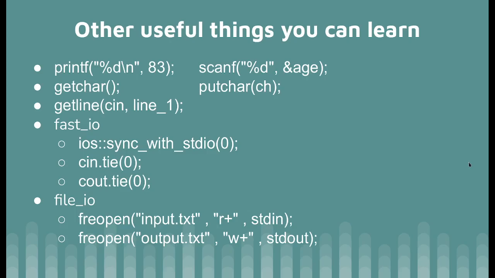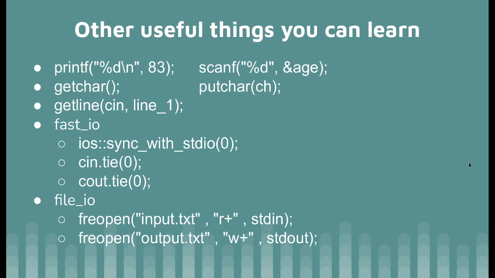And if you want to work with files in a C++ program, you can use file input output, file IO, which is here. You can use input.txt with freopen and use the output string. You just give stdin, the type of the text, and what you want to do.